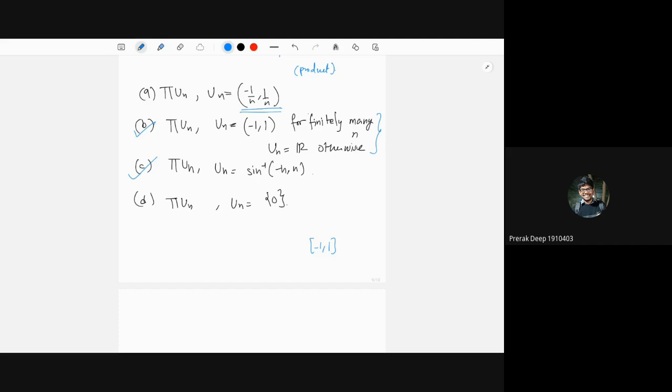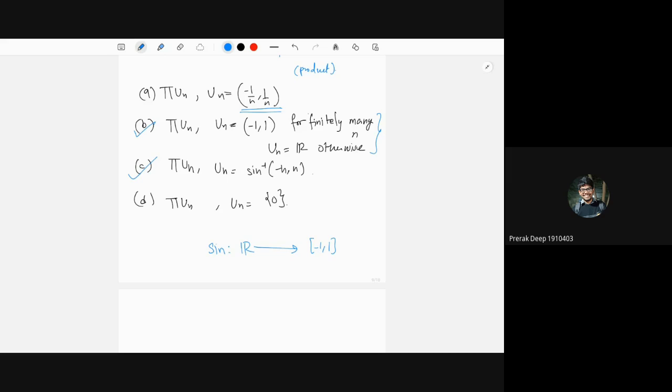So sine is a well defined function from R to minus one to one, and the pre-image of minus n to n under sine will give you the whole R, because it contains the range of the function.